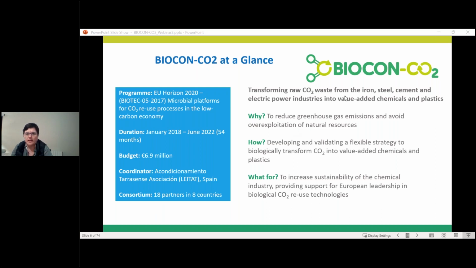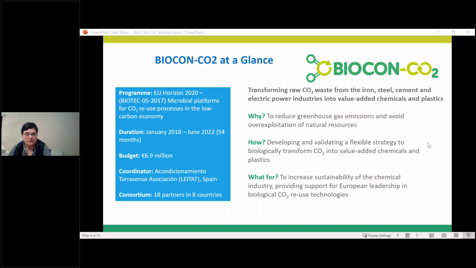The aim of the project is to transform raw CO2 waste from iron and steel, cement and electric power industries into value-added chemicals and plastics. Why did we propose to perform this project some years ago? Because there is a need to reduce the greenhouse gas emissions and avoid overexploitation of natural resources. How do we intend to contribute to this big goal?